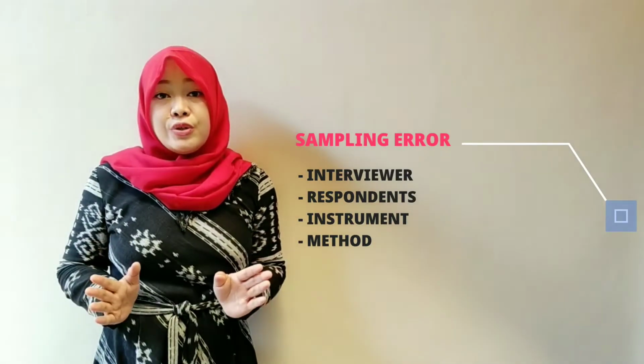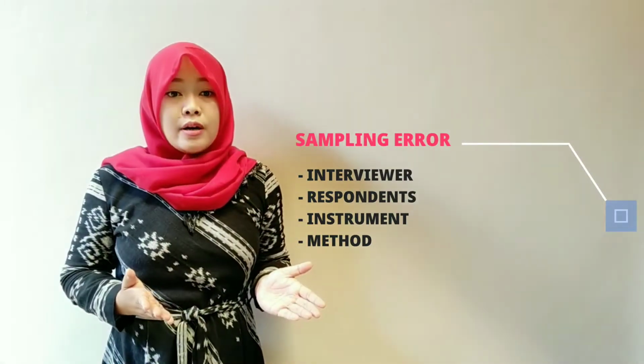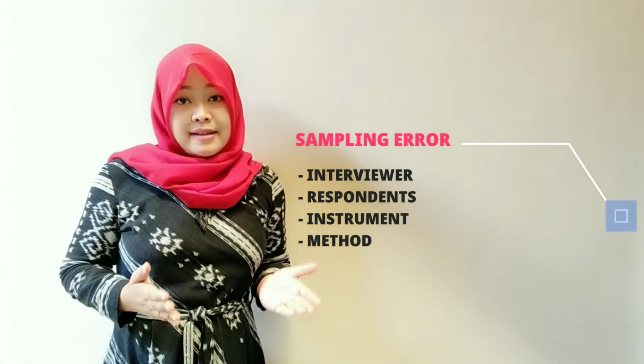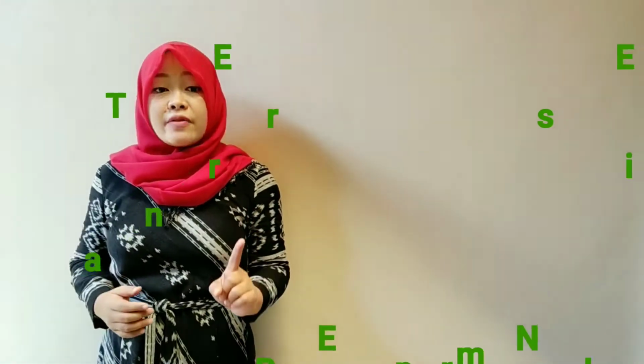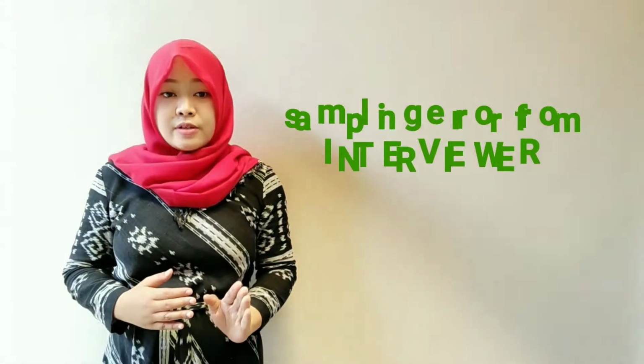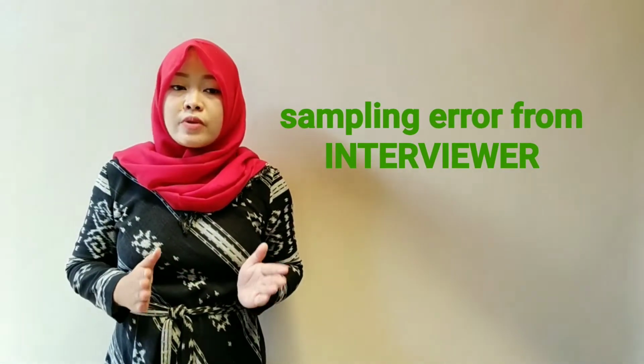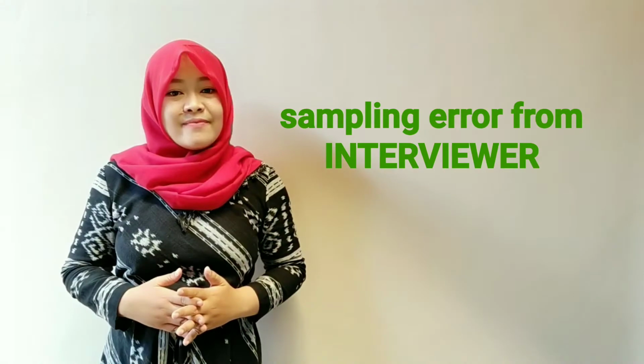These errors can be classified as due to the interviewer, respondent, instrument, or method of data collection. Interviewers have a direct and dramatic effect on the way a person responds to a question.